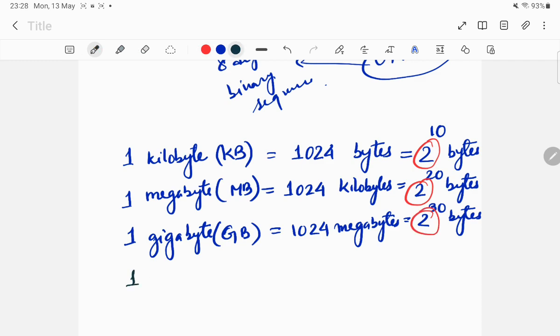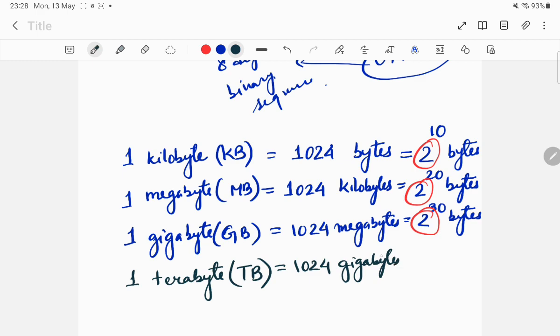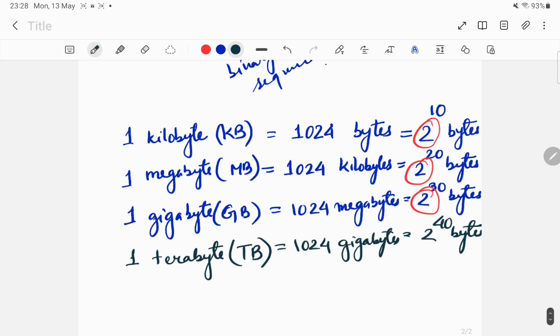Similarly, 1 terabyte, TB. You might have heard about hard disks. Whenever we buy a hard disk, we have this terabyte configuration. So that is again 1024 gigabytes, so it is 2 to the power 40 bytes.